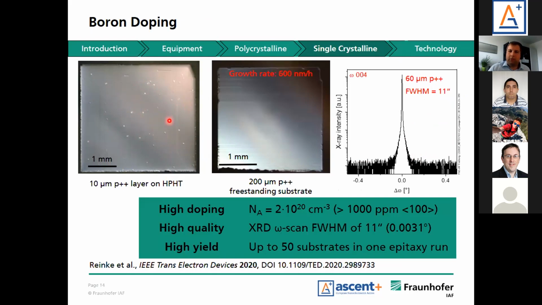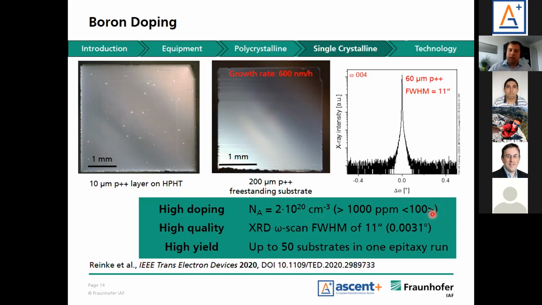You still see the growth sectors, a few of these small features that may be originating from dislocations, but here is a 10 micrometer, very heavily boron doped layer grown on top. We can reach dopant levels, acceptor levels, of 2 times 10 to the 20 on 100 oriented diamond. For 111 oriented diamond, even higher values can be obtained.